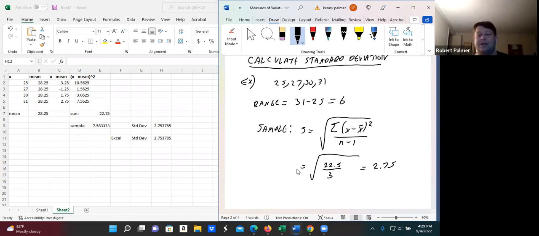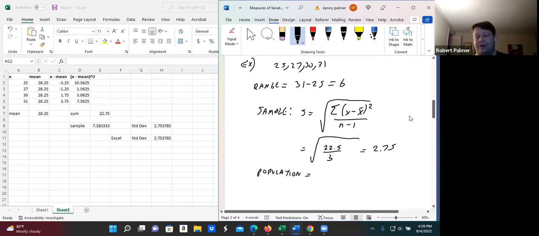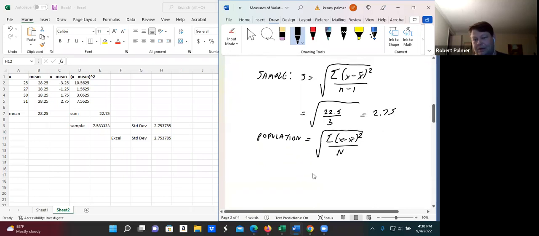Now if we do the same thing for a population, it's basically identical, except we just divide differently. If this is our entire population, then we'd be dividing the sum of x minus x bar squared over n, which is the total number. That would be the same sum divided by 4.